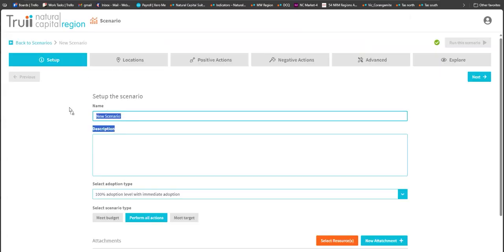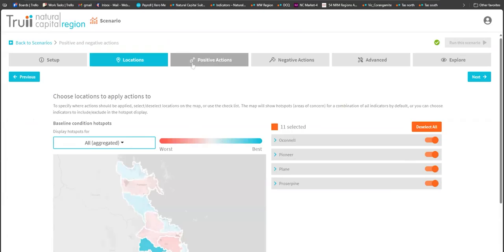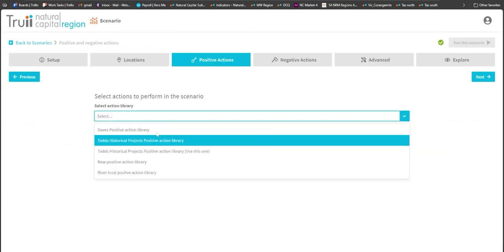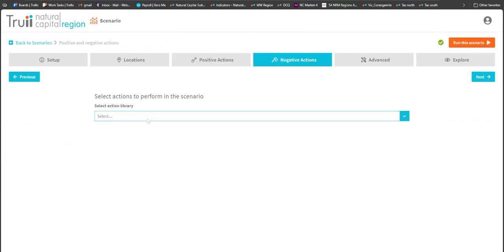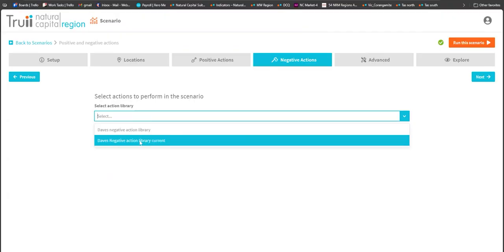We'll call it formal actions. We'll do it everywhere. So we'll pick our positive actions, but we're also going to incorporate some negative actions here.